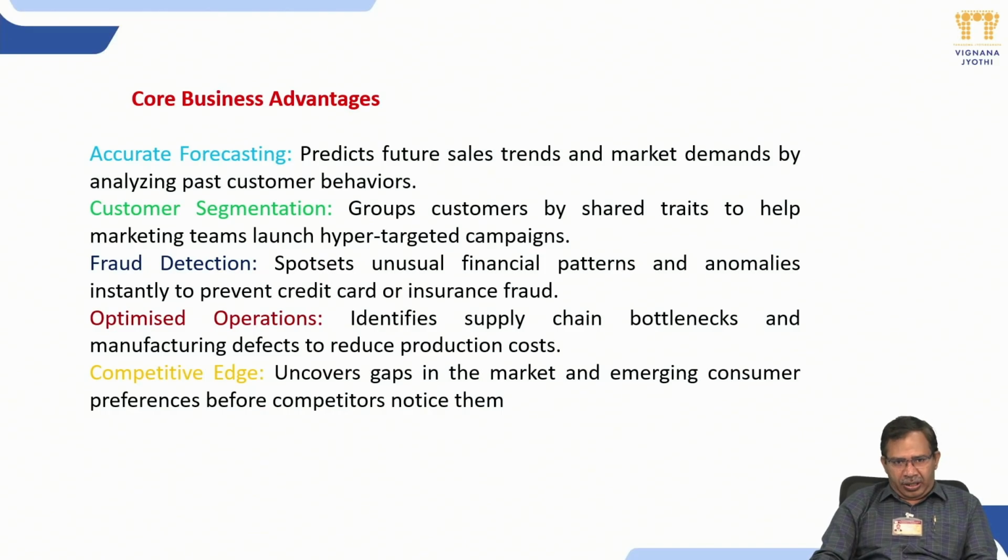Then fraud detection, maybe a fraudulent transaction. It spots unusual financial patterns and anomalies instantly to prevent credit card or insurance fraud. Here we say whether it is a fraudulent transaction or a genuine transaction, so that financial organizations like the banking system will alert their customers to block the card and be very careful, to reduce the damage from the fraudulent transaction.